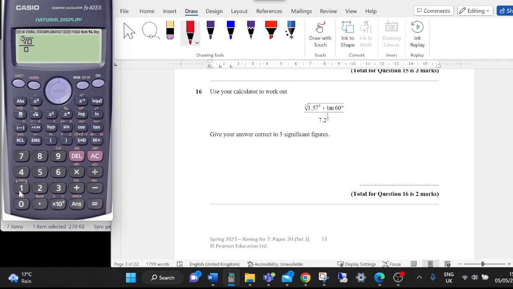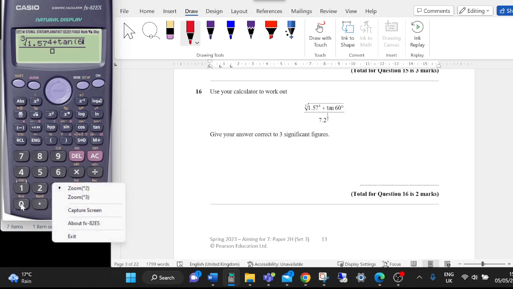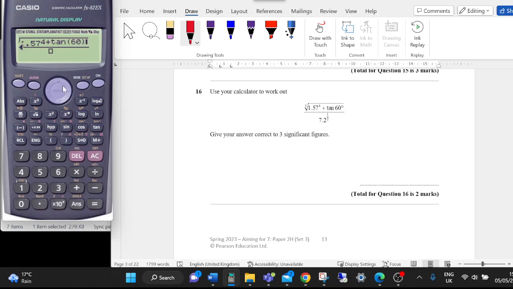And then I've got 1.57 to the power of 4, plus, already got my calculator in degree mode, so tan of 60, and I want to divide that by 7.2 to the power of a half. It looks really complicated, but I don't really need to simplify any part individually. I do need to type it incorrectly though.